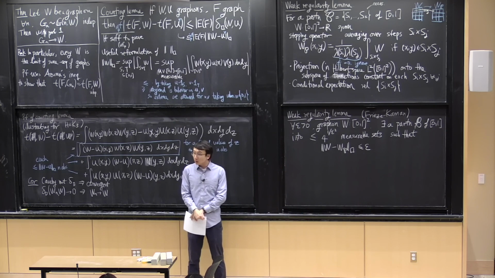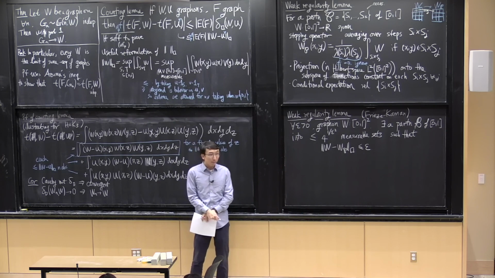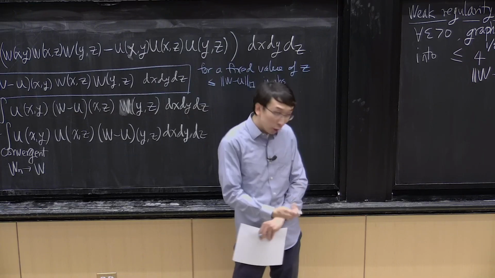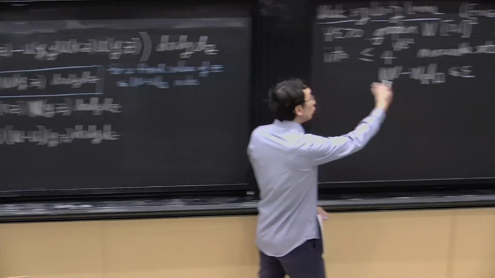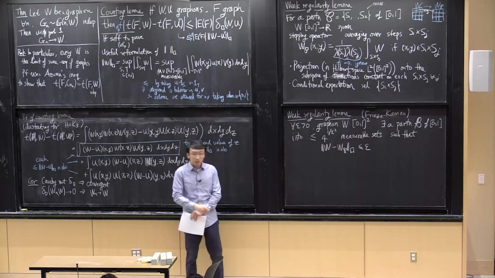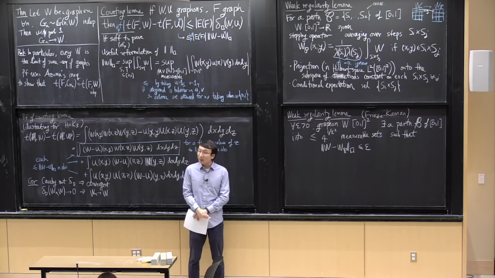So that's the statement of the weak regularity lemma. There exists a partition such that if you do this stepping, then you obtain an approximation.